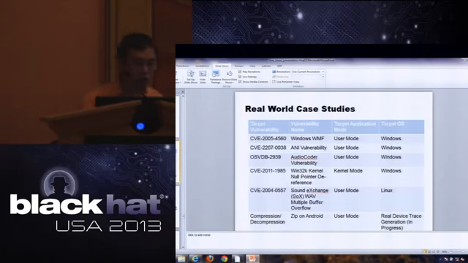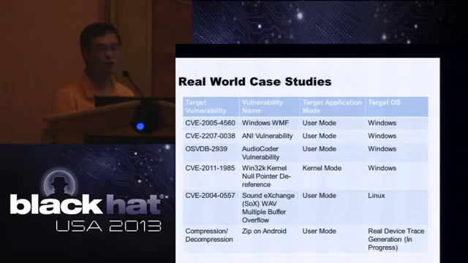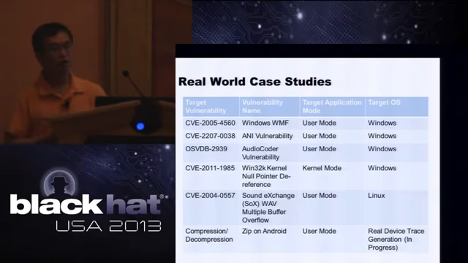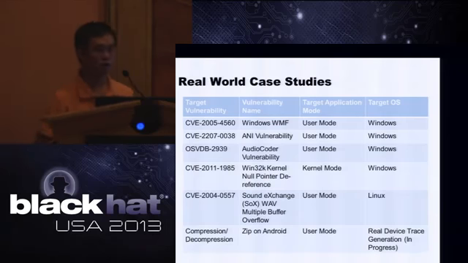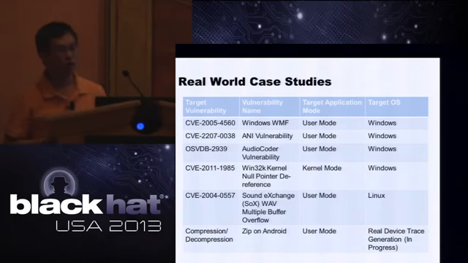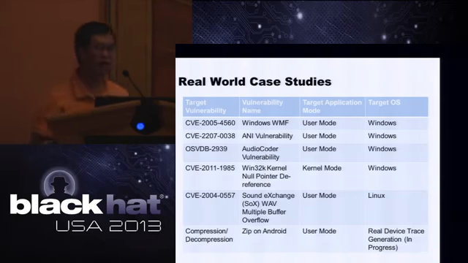So here we have shown you simple running examples to show you the concept and approach and how it works. We did a few real-world case studies from different platforms and different types of applications, including the Windows platform where we have the WMF and ANI classic vulnerabilities.